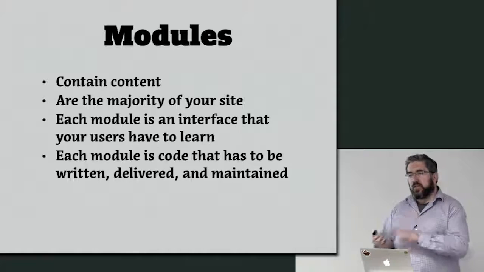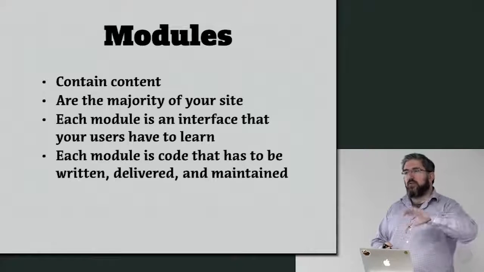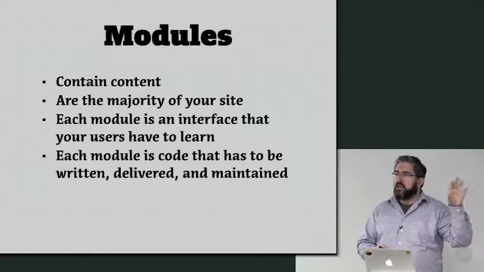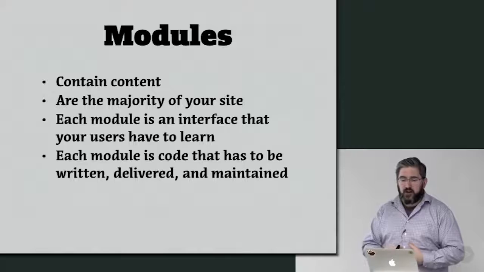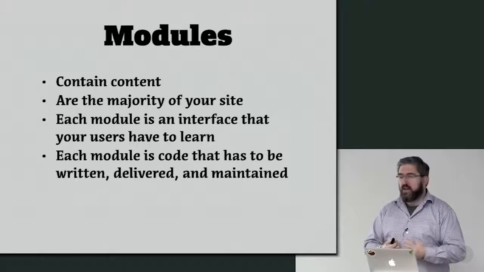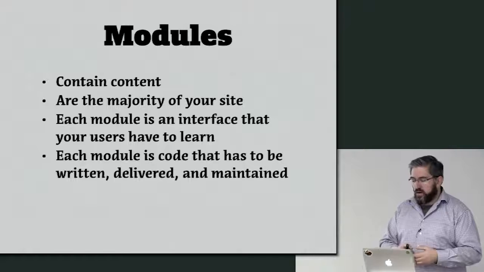And then it gets implemented. But it turns out that that problem was actually solved in a different way. And each of those ways is something that your users are going to have to learn. And as somebody who has to build that stuff out, it's also code that has to be written, delivered to the end user, and maintained by the development team. So these are things that you want to keep in mind.